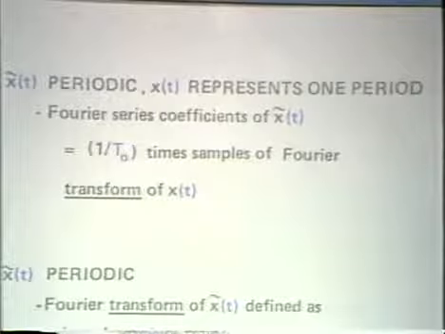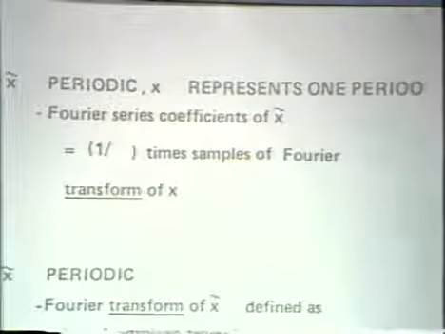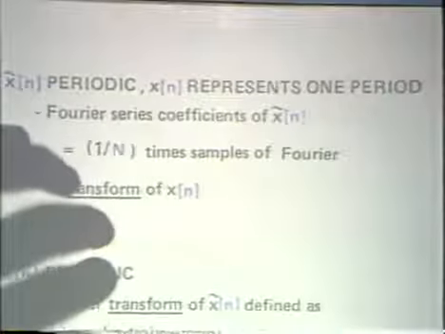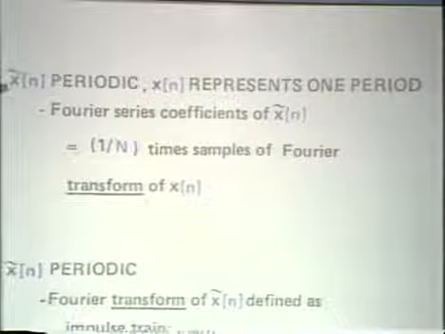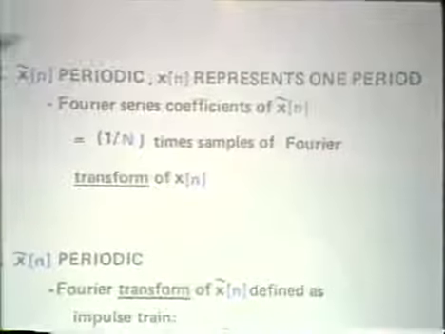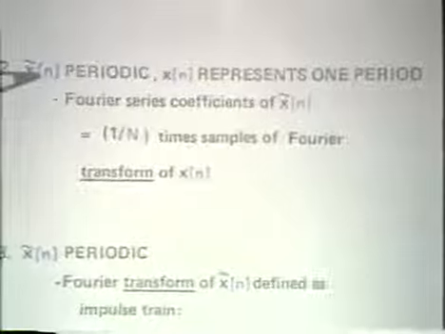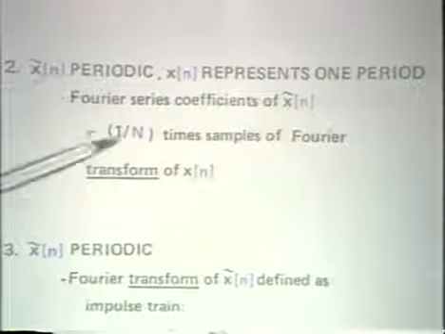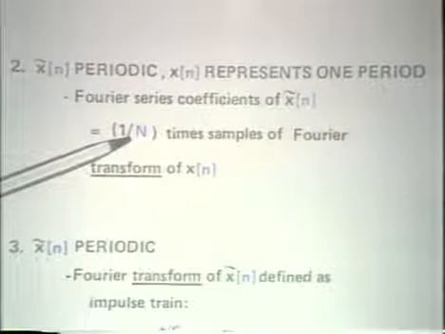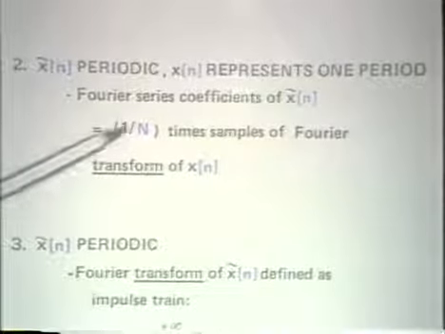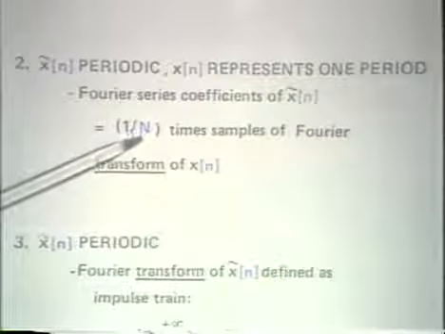And in discrete time, we have precisely the same relationship, except that here we're talking about an integer variable as opposed to the continuous variable, and a period of capital N as opposed to a period of t0.